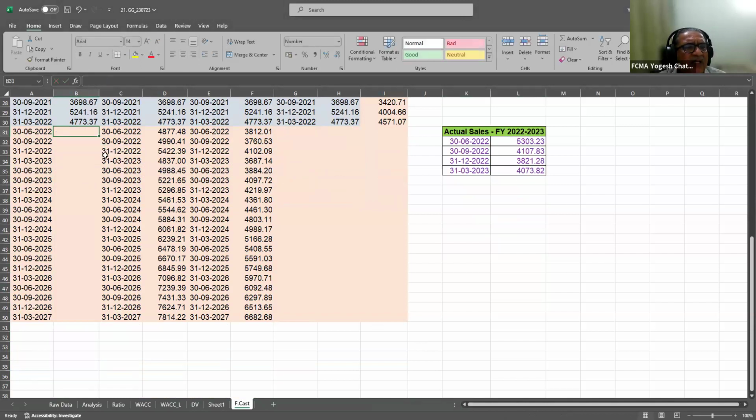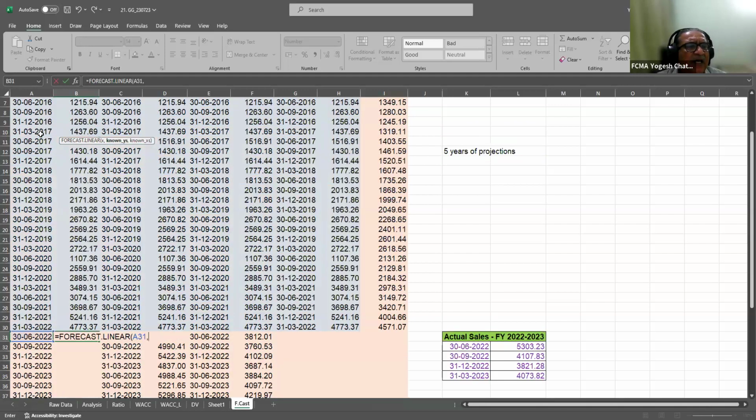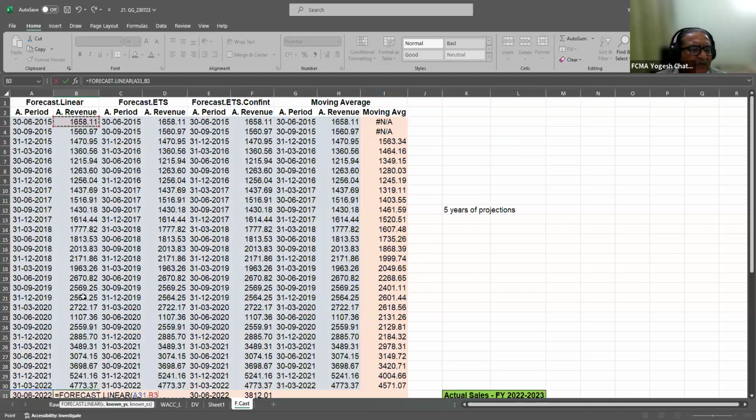How to do that? I do not have this 2022 number right now, June 2022. So I will make use of forecast linear, and once I select it, it will show me what inputs I need to make: the period for which I need the estimate, the known Y, which is my actual revenue, and the known X, which is my actual period for which I have the detail.